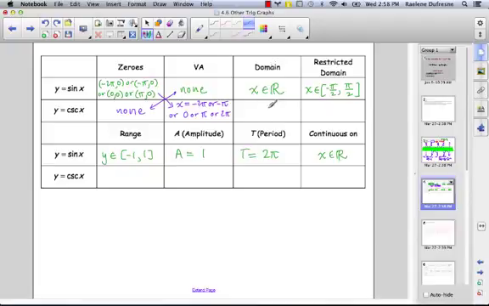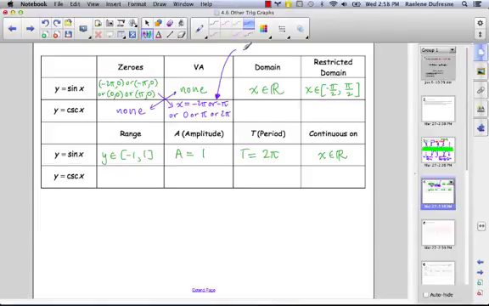The domain is the set of x values for which the function is defined, or the y value is defined, and the y value is undefined, or non-zero over 0, at these x values. So we need to exclude these values from the domain. Well, at this point, actually, I am going to generalize because it really makes it easier to write all of these infinitely many values in one statement.